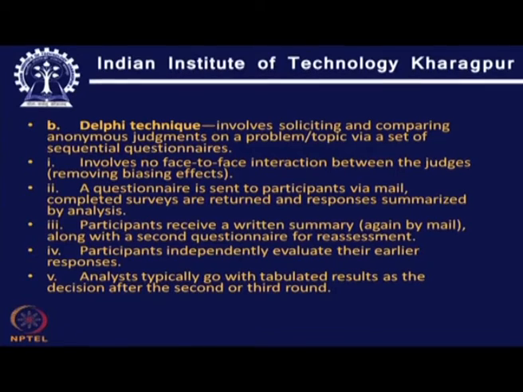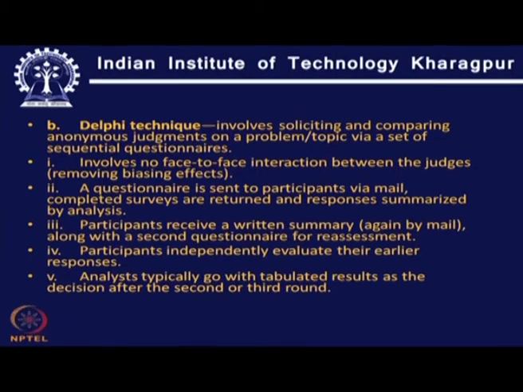It involves soliciting and comparing anonymous judgments based on a certain problem or set of sequential questionnaires. It involves no face-to-face interaction between the judges, and the questionnaire is sent to participants via email and surveys, and responses are summarized and analyzed.